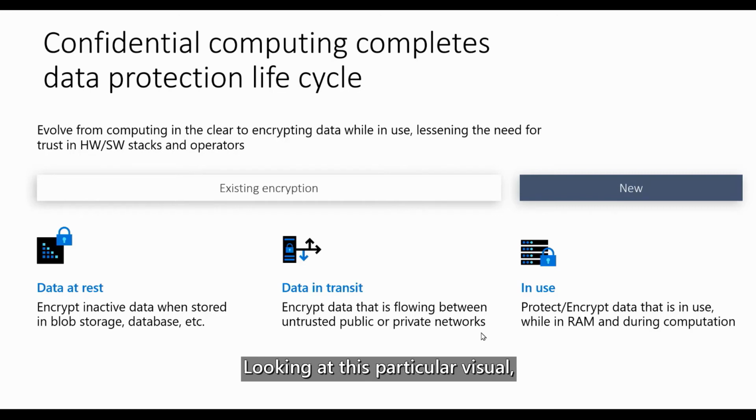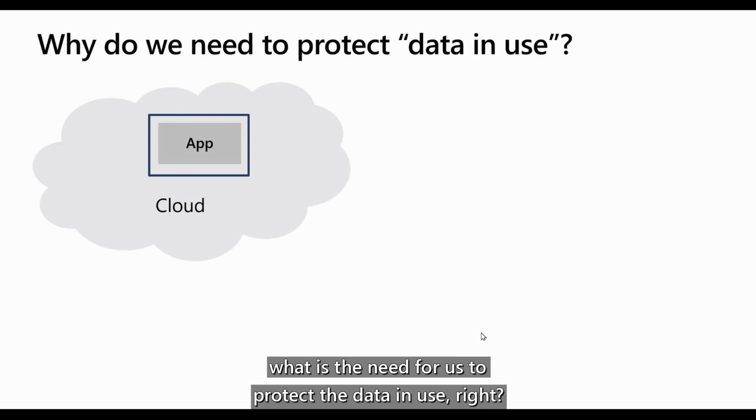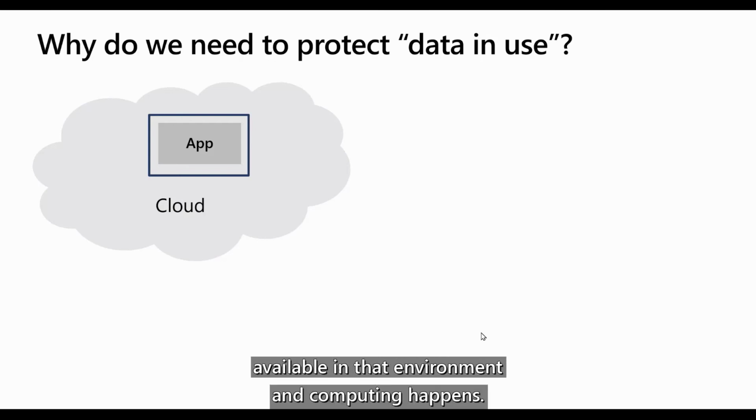Looking at this particular visual, what is the need for us to protect data in use? End of the day, we deploy applications to the cloud, and that's where it's running. We have data and applications available in that environment, and computing happens.